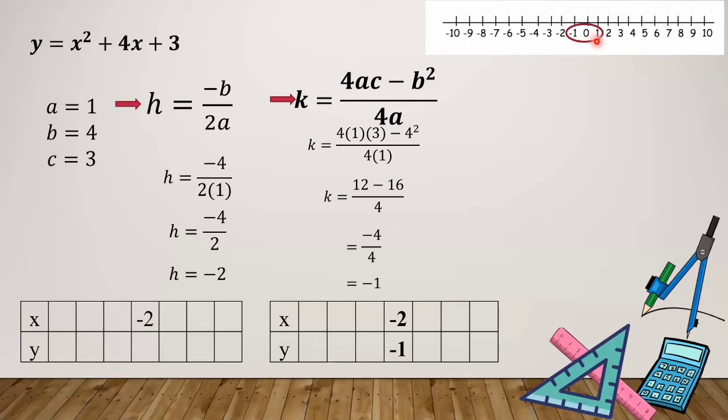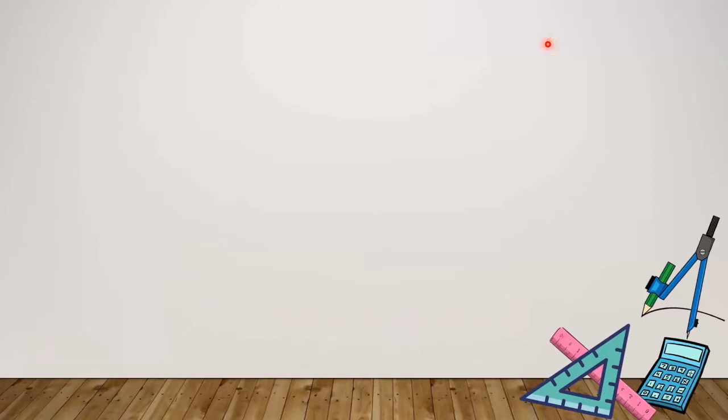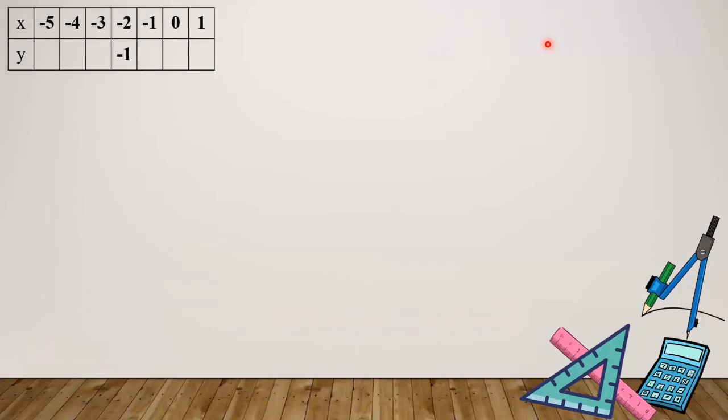Then we get the 3 numbers on the left side of negative 2, which are negative 5, negative 4, and negative 3. So this is now the table of values. Since we have the values of x, now we are going to find the values of y.